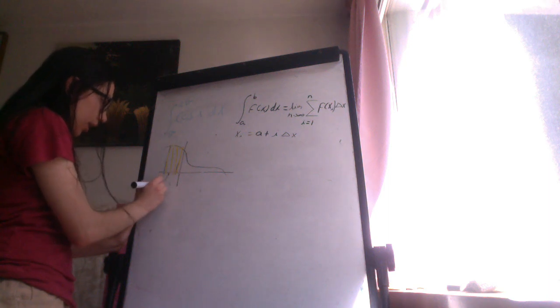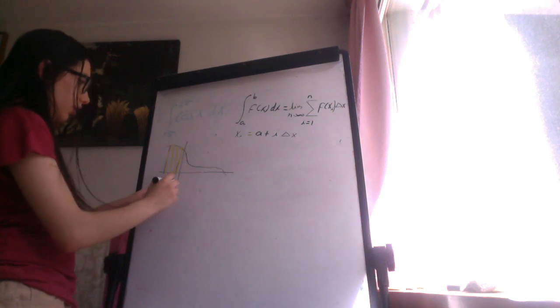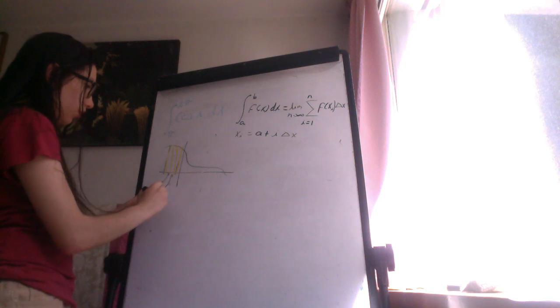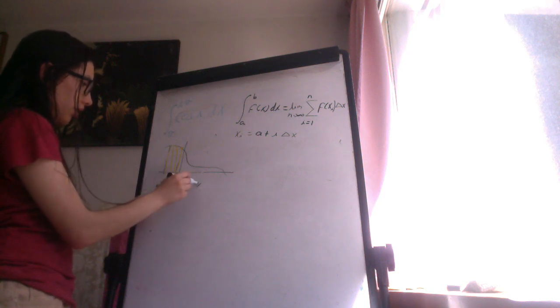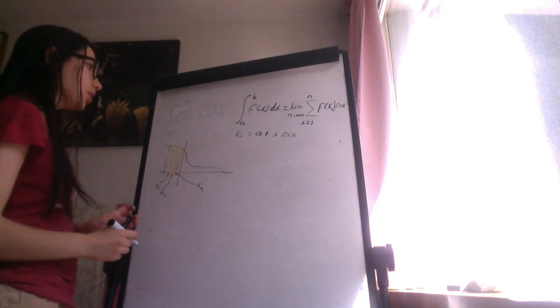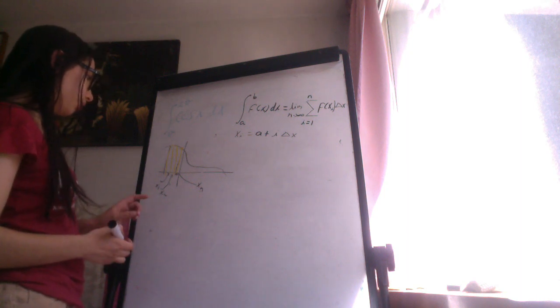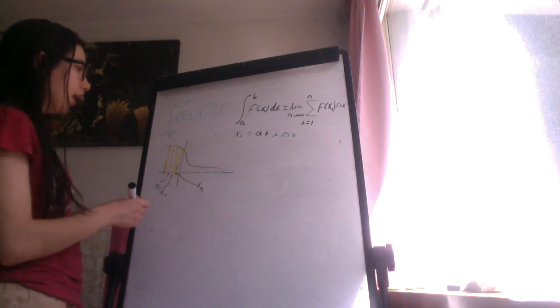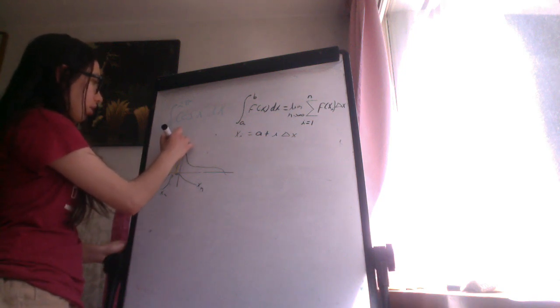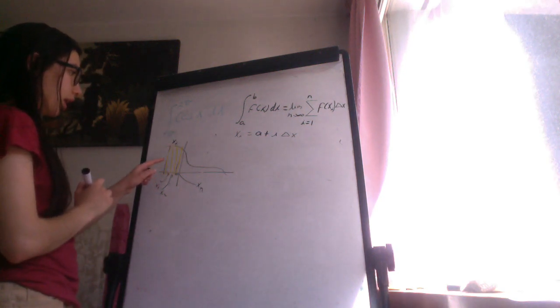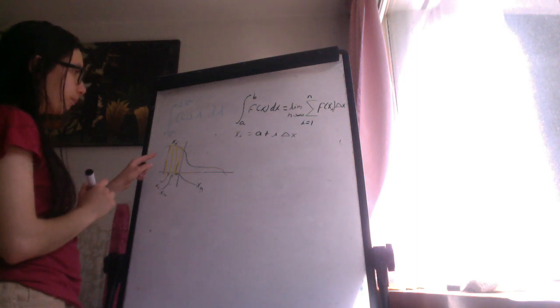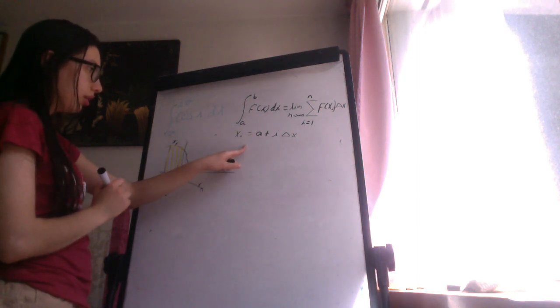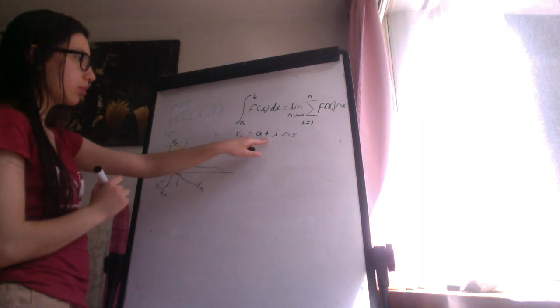This is x sub 1, this is x sub 2, and this is x sub n. So x sub i is going to be a plus i times delta x.